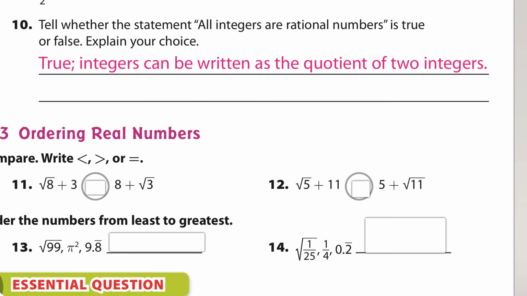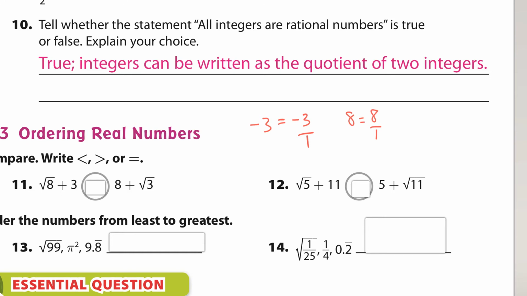So, for example, -3 is an integer, and that's -3 over 1, and that's what a rational number is. It's a fraction of integers, or you can have 8. 8 is 8 over 1, and there you go. It's a quotient of integers, basically a fraction.